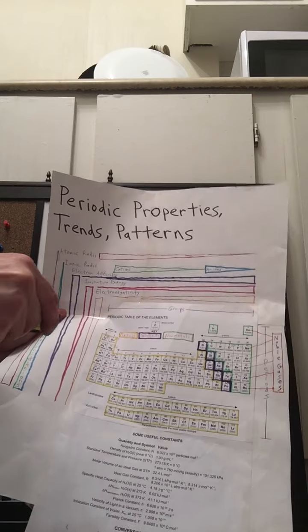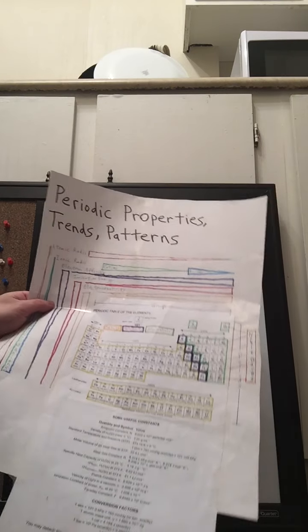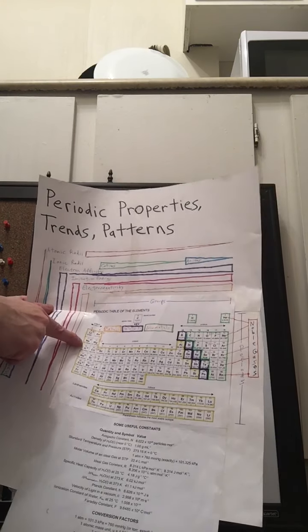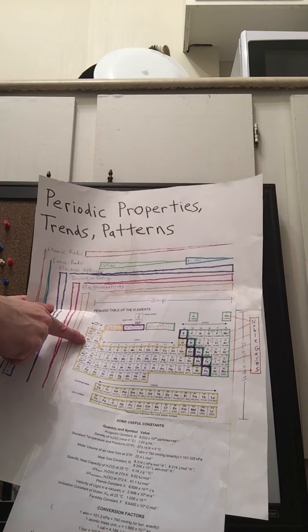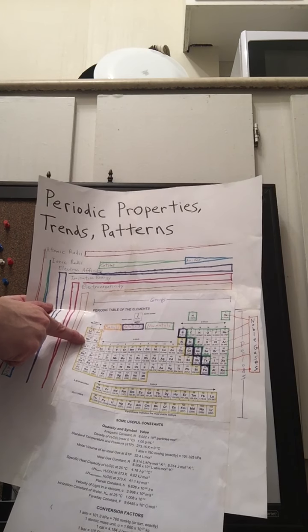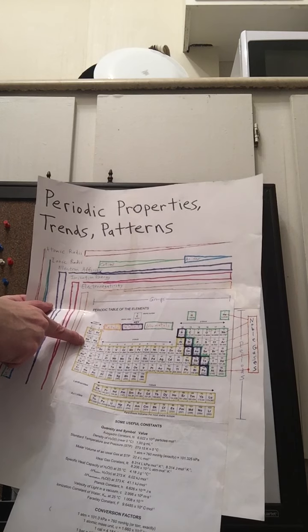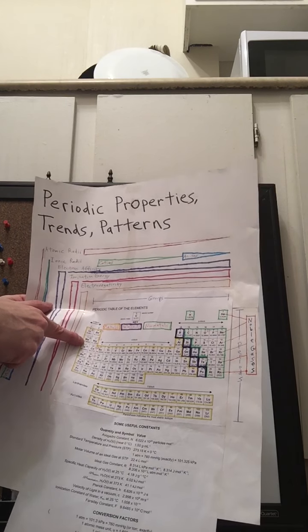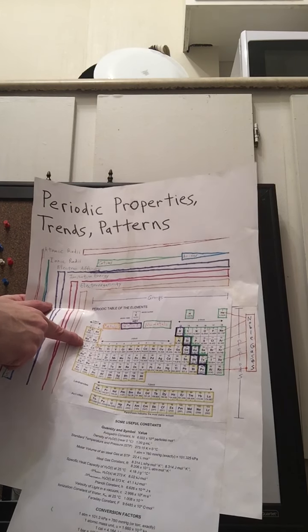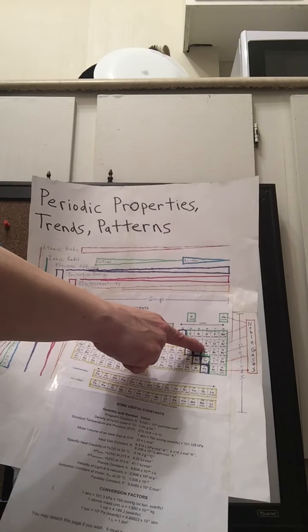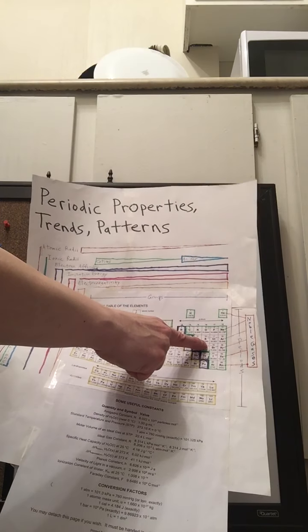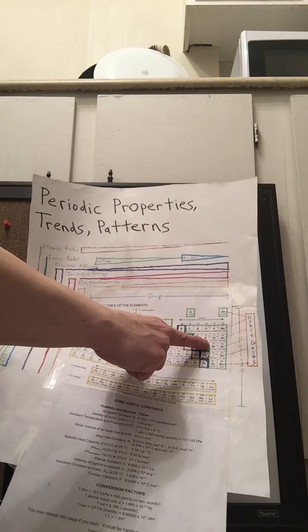If we look on the periodic table, Na is on the left side of the periodic table. That means it's a metal. And if we look at the sulfur, which is all the way over here, it's on the right side of the periodic table, so that's a non-metal.